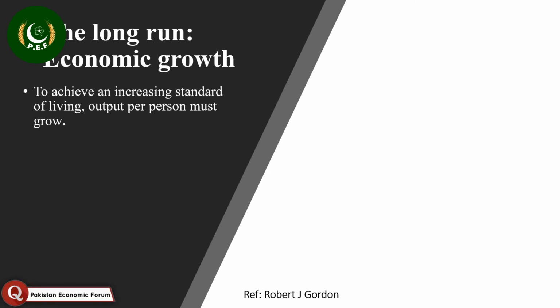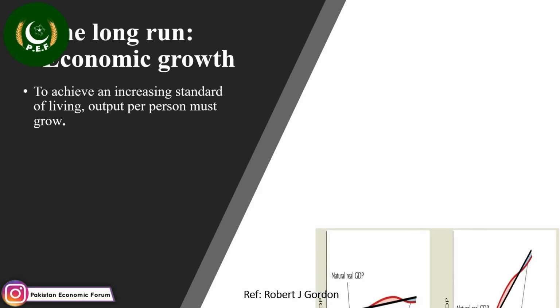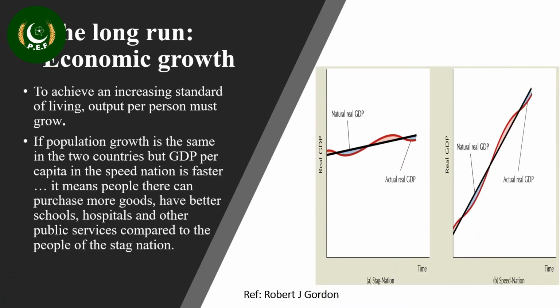If population growth is the same in two countries, but GDP per capita is growing at a higher rate in one nation, say speed nation, than another nation, say stagnation, this means that people in speed nation can purchase more goods and services, can have better health and education facilities, and enjoy better public services compared to the people living in stagnation.